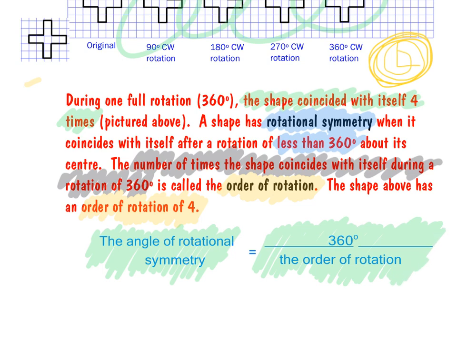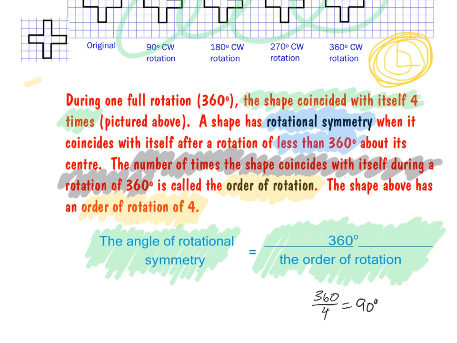So in this case, if the order of rotation is 4, then the angle of rotational symmetry is going to be 360 degrees divided by 4. As we know, 360 degrees divided by 4 is equal to 90 degrees. So that shape has an angle of rotational symmetry of 90 degrees, and it has an order of rotation of 4.